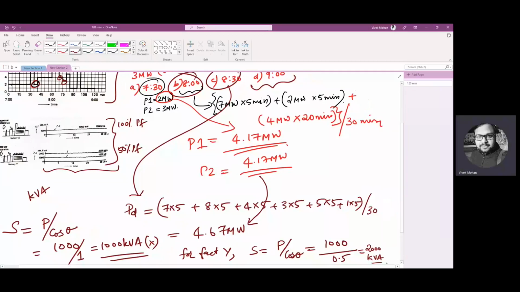See the difference. First one is 1000 kVA, second one is 2000 kVA. It's almost double. And we know that the line current is proportional to the apparent power. So factory Y draws twice as much current as factory X, and the line conductors feeding factory Y must therefore be twice as big, ideally.